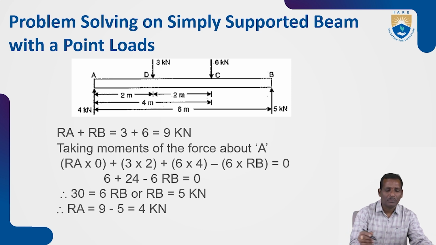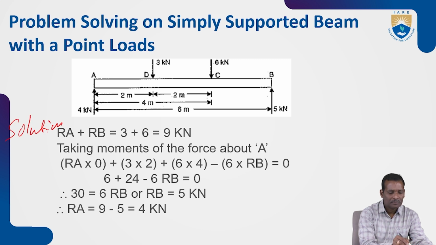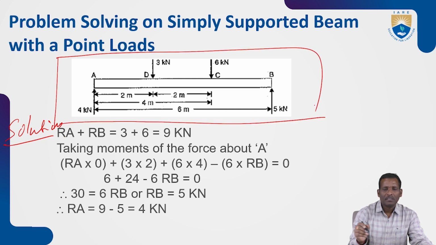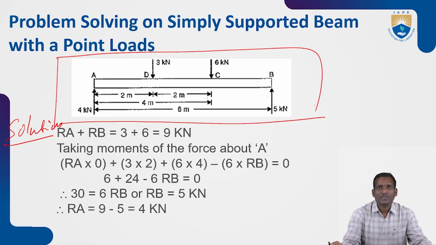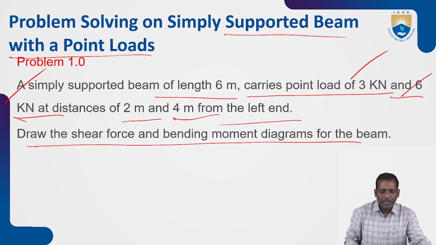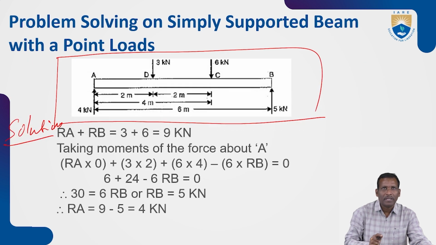See in this diagram, this is the solution part. The given load diagram is like this. The beam is of length 6 meters with point loads at 2 meters distance.